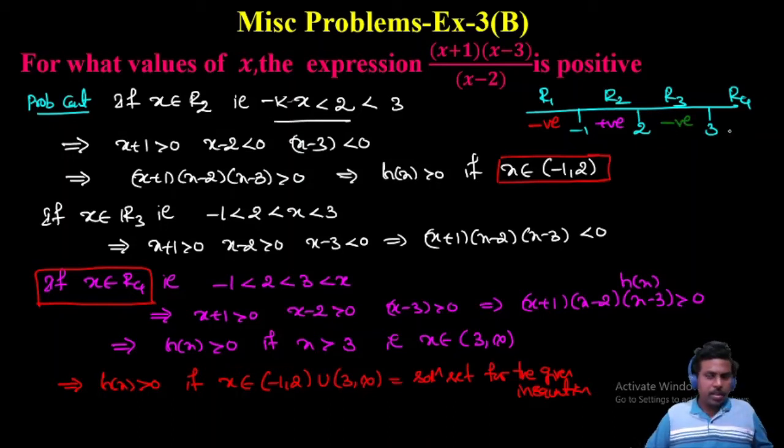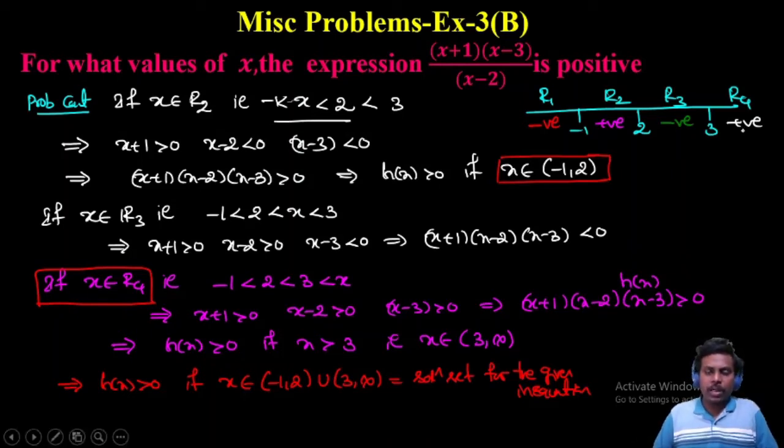And in this region, it is going to be positive. So alternatively, it becomes negative, positive, negative, and positive. So remember this technique. So even if we are given with 4 factors also, we'll be able to answer by using this technique. Okay, hope you have understood this problem.